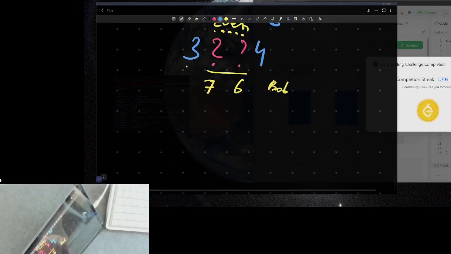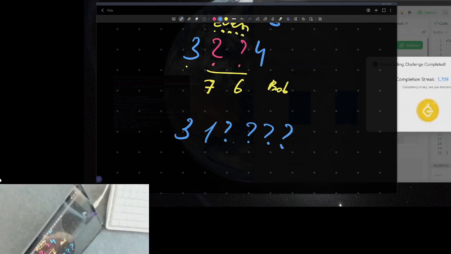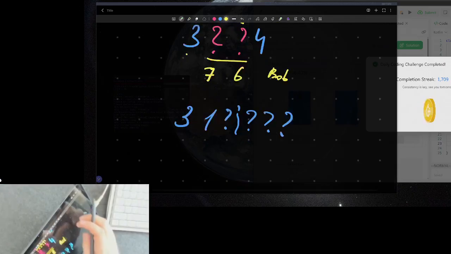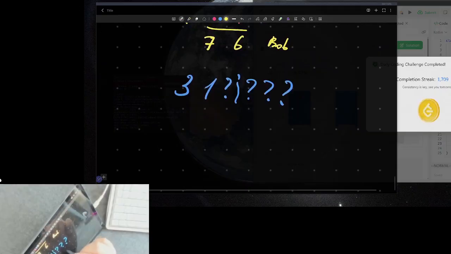And if we have numbers like 3 1 question mark, and then question mark, so total is 4, then Alice takes some value like 9.